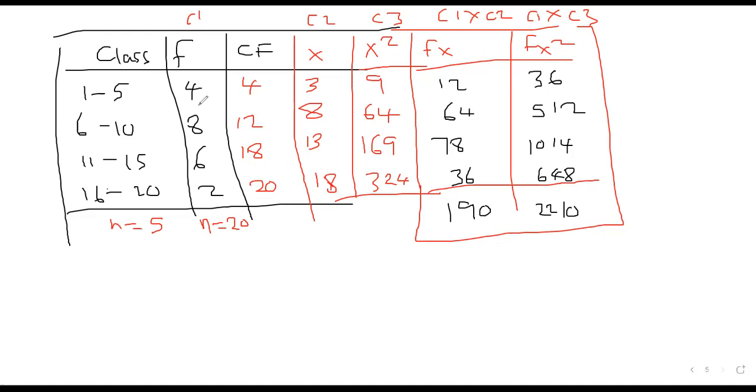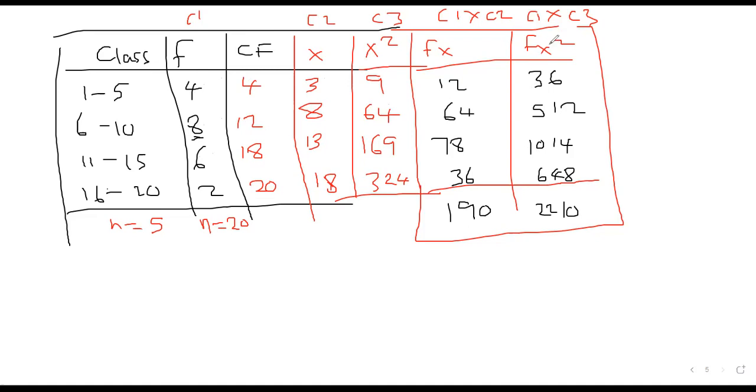So I've given you this column 1, column 2, column 3. So 4 times 3 is 12. Again, 4 times 9, 36. Then 8 times 8, 64. Again, this is a starting point. 8 times 64, 512. 6 times 13, 78. 6 times 169.